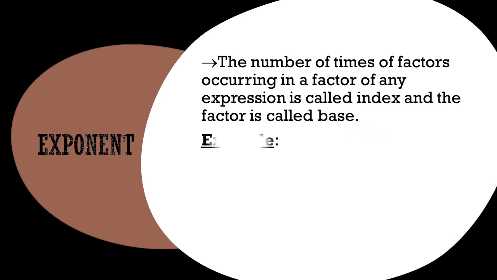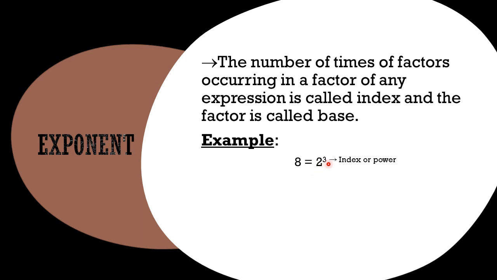So example. 8, we can write down 2 to the power 3, or we can say 2 cube. So my dear students, how many 2s in here? There are 3 2s. That means 2 multiplied by 2 multiplied by 2, and if we multiply 2 by 2, that would be 4. 4 multiplied by 2, that would be 8. So we can write down 2 to the power 3.